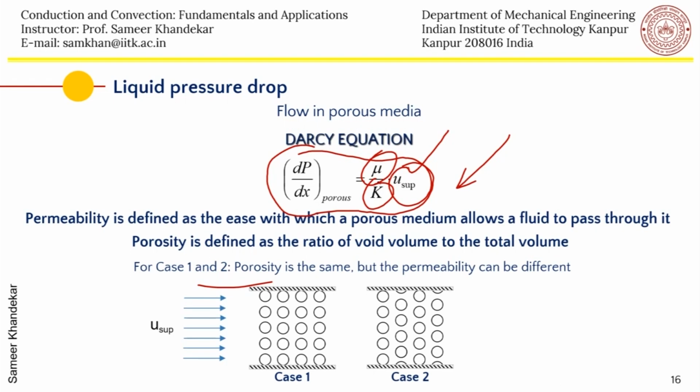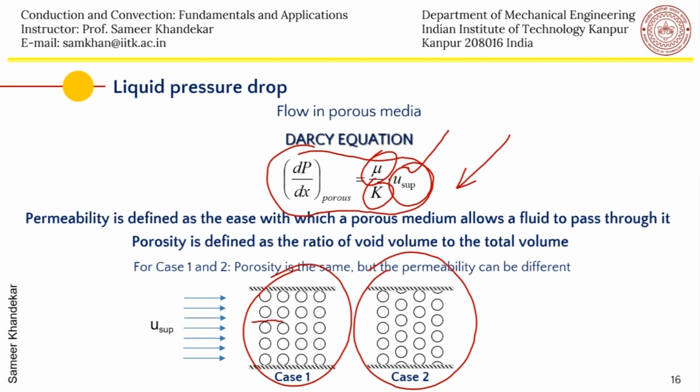So applying Darcy's equation, and then making the equivalent, because these are complex porous structures like copper wicks and so on, we will convert them into simple tubes of a certain geometry.